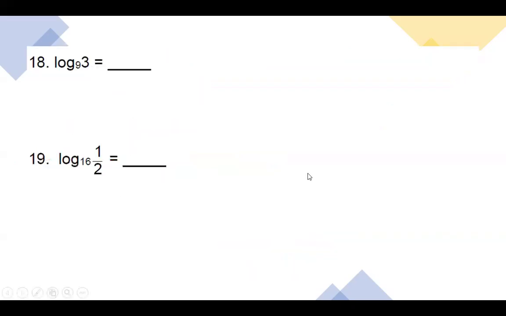Next is what to do when you're like, I don't know that. It's okay, we're going to talk about it. I have log base 9 of 3. So you're asking yourself, 9 to what power equals 3? And you're like, oh, that's a tough one.